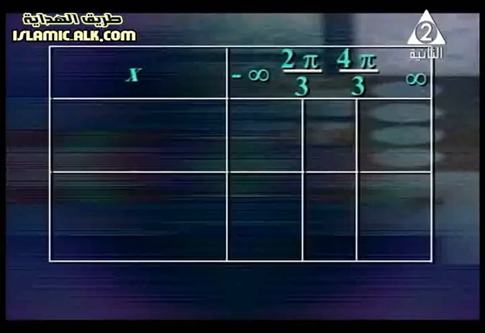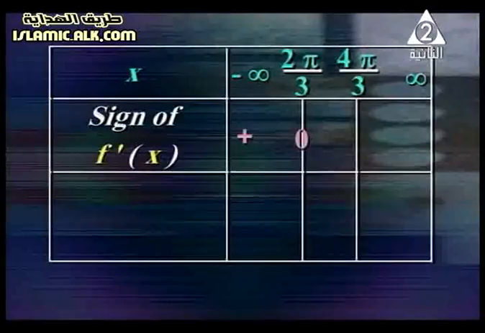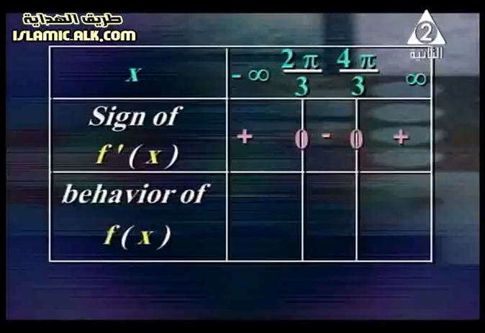Fourth column, the last interval, 4π over 3 to infinity. Sign of f dash: positive in the first interval, negative in the second, positive in the third. Then the behavior is increase, decrease, increase.